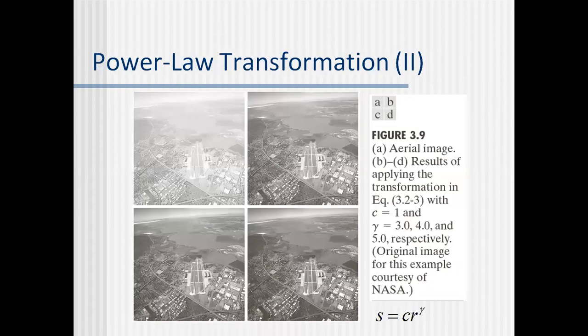Now one more example for power law transformations: an aerial image. From the satellite image also, by taking the gamma value, we can get gamma correction by using the power law transformations. In this way, we can see so many examples.